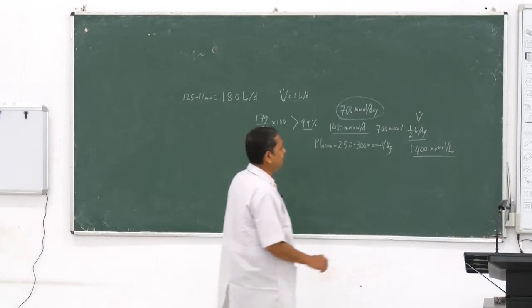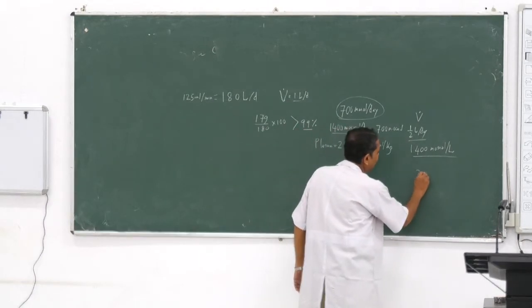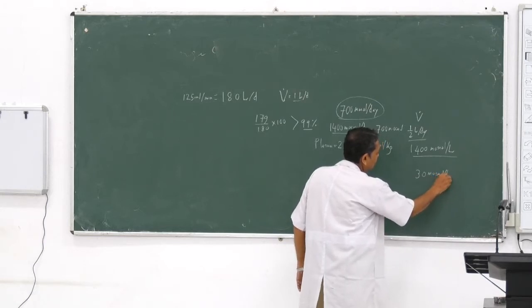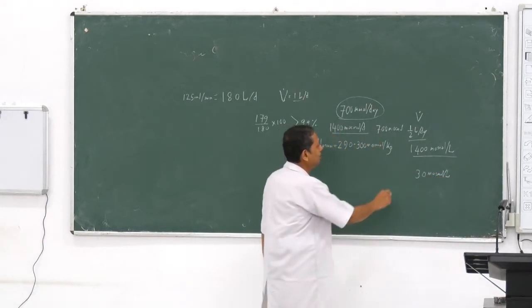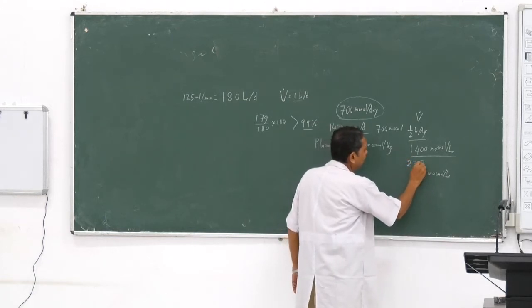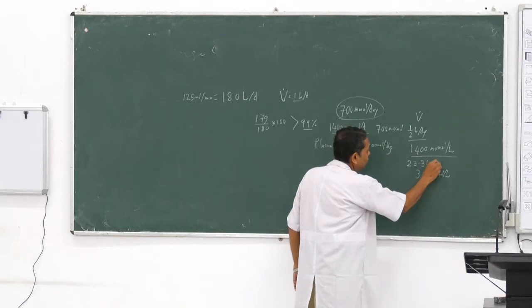So that it is 30 milliosmol per liter, the maximum dilution capacity. Then it will be 23.3 liters per day urine flow.